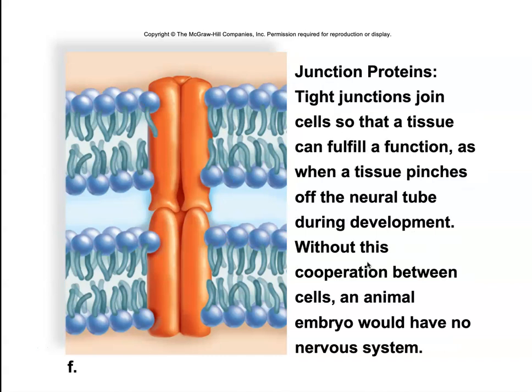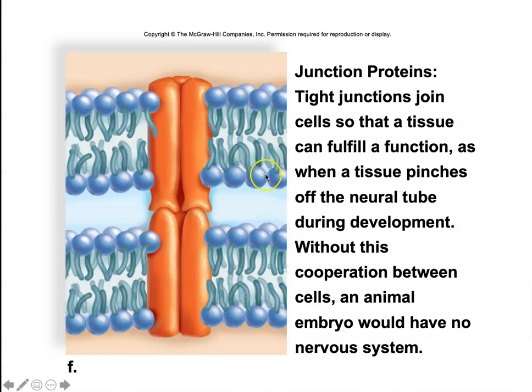All right, here's an example of tight junctions, or examples of proteins that are junction proteins, involved in keeping cells together. If you think of cells of a particular tissue, like epithelial tissue that lines your intestinal tract, it's important that these cells are very close together.